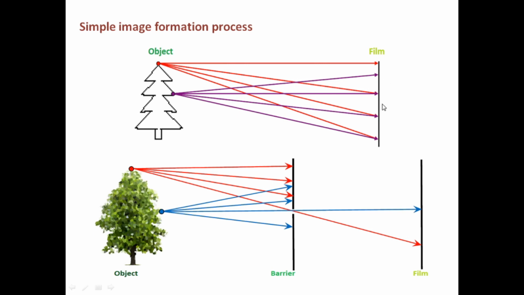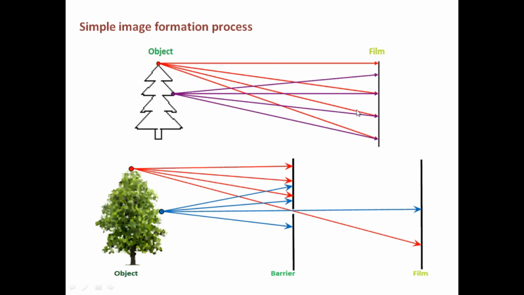If I consider this as an image plane, I may get a blurred image of this object, because of the intersection of all the reflected light rays from the object. Light rays are hitting this object at this point, this point, everywhere. There will be a high intersection of all the reflected light rays from the object, so I may not have a fine quality image.